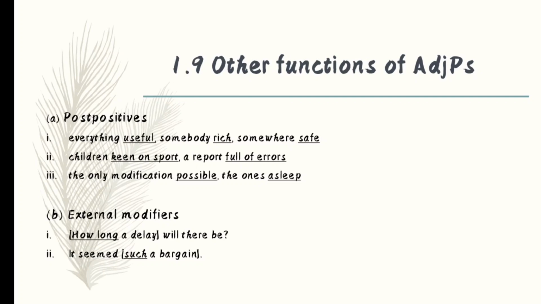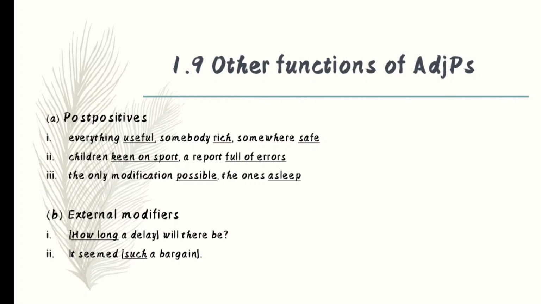"Keen on sport" is an adjective phrase and it has its own post-head dependent. The last is the only modification possible, and the one is "asleep." A limited number of adjectives can occur post-positively with their own dependents and with a non-fused head noun.